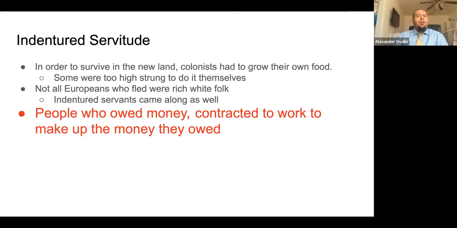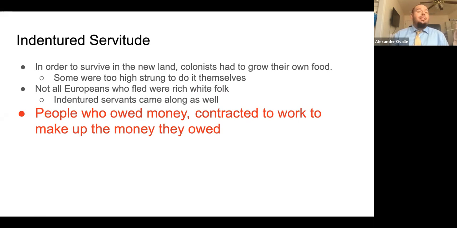Indentured servitude. So in order to survive in this new land, the colonists had to grow their own food. However, some of these colonists were a little hoity-toity, if you ask me, and they weren't going to do it themselves. Not all Europeans who fled Europe were rich, and therefore, you know, some of them were ex-cons, ex-felons, fleeing for religious purposes.